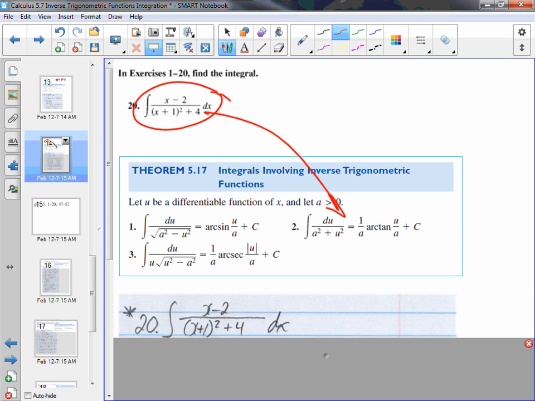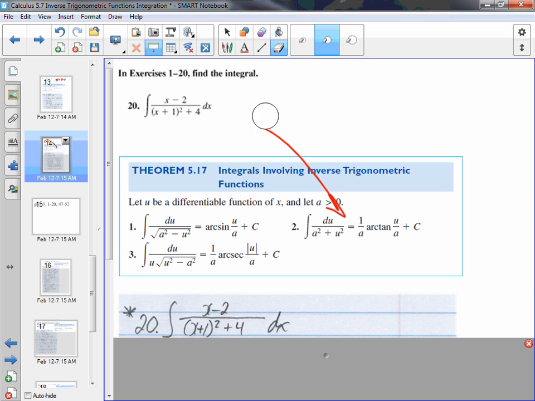It's not going to be that simple. So I'm thinking arctangent, but I'm not willing to commit to it. Okay? All right. Well, maybe I need to do what I did last problem and make that x over all that stuff minus 2 over all that stuff, and that'll work out just great. I tried that. I couldn't get it to work. Okay? So I need a different technique.